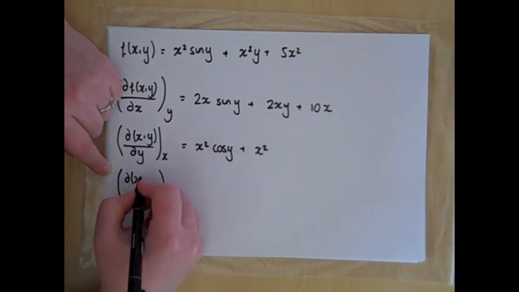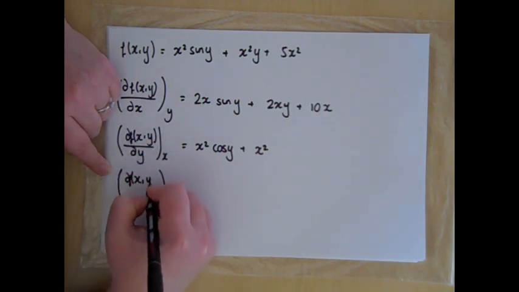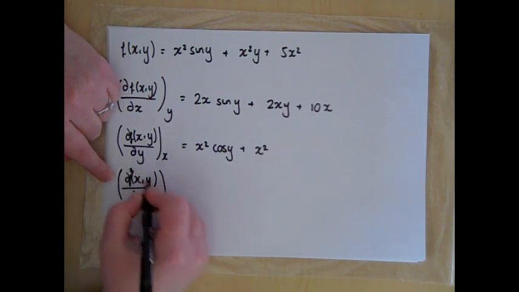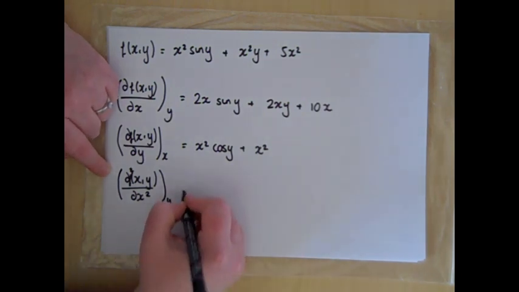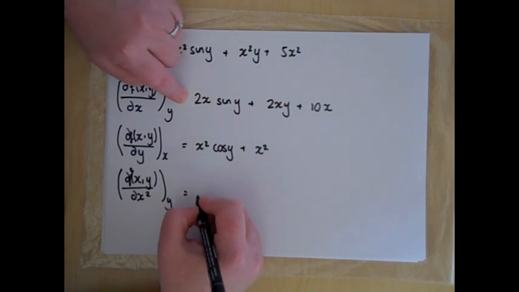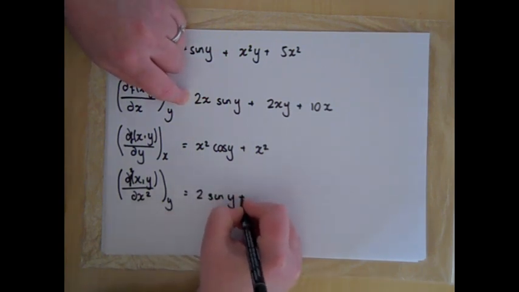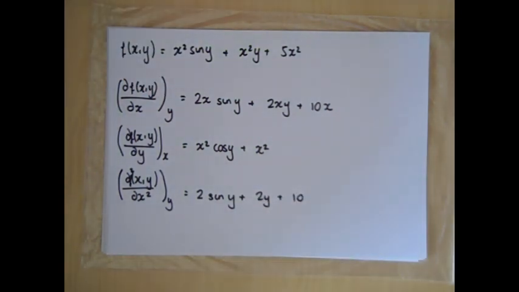If I differentiate this function with respect to, d2f of xy by dx squared at constant y, so this is just me differentiating this again. Differentiate x, which is just 2 sine y plus 2y plus 10. You can see how simple that is.